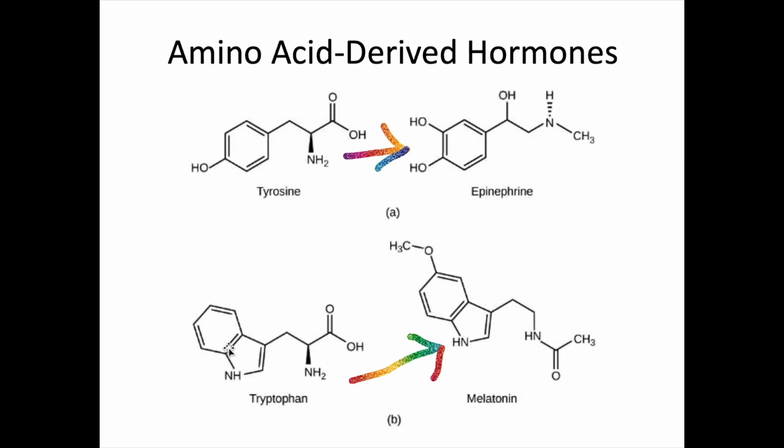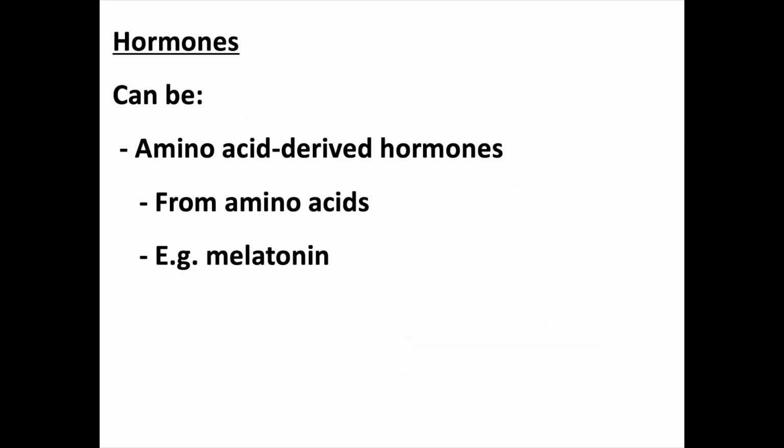Again, you can see the structural similarities here. They're not one and the same, but we're using this amino acid, which we know we have around, to build this signaling molecule. So amino acid-derived hormones come from amino acids. And one example is melatonin. It's made in the brain. It helps regulate sleep cycle, but it's an amino acid-derived hormone.